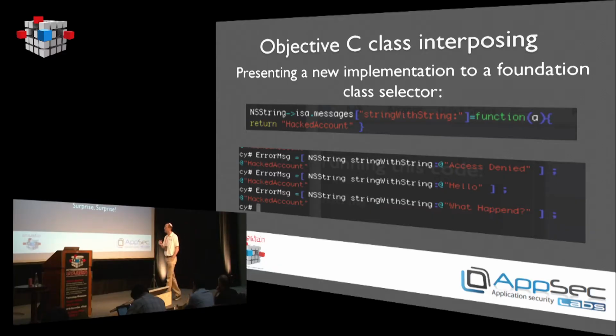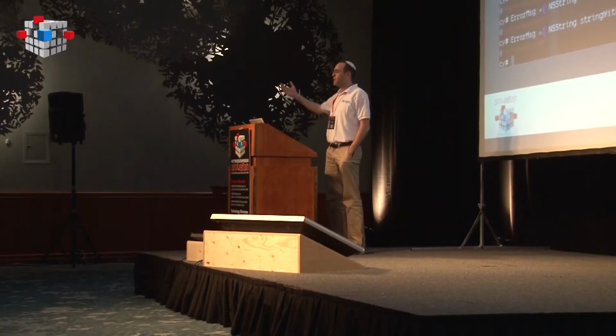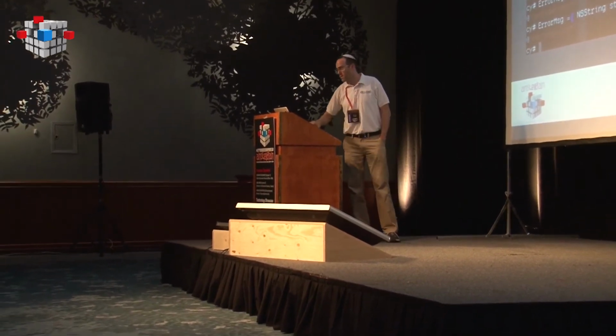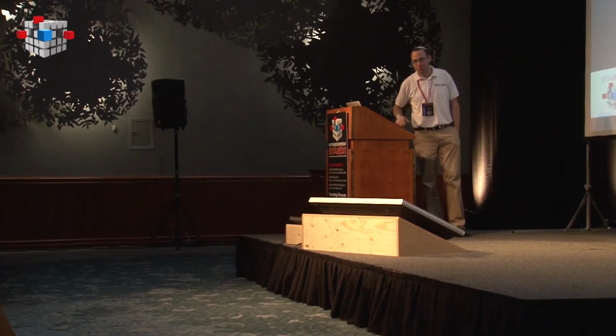No. No, it's okay. Yes, return yes, okay, very nice. So by using the Objective-C class interposing and Objective-C specific architecture, I can use it to my benefit. I can use it to rewrite the logic that came out of iTunes, out of the developer's push to the store.